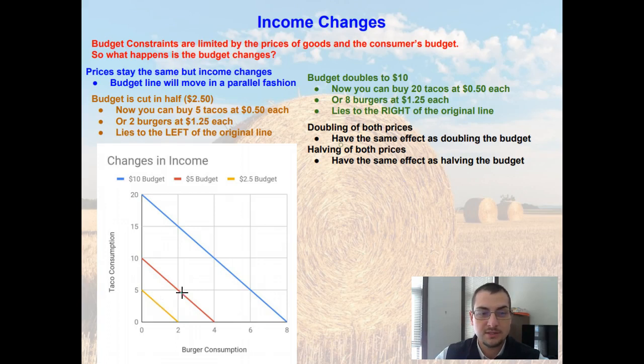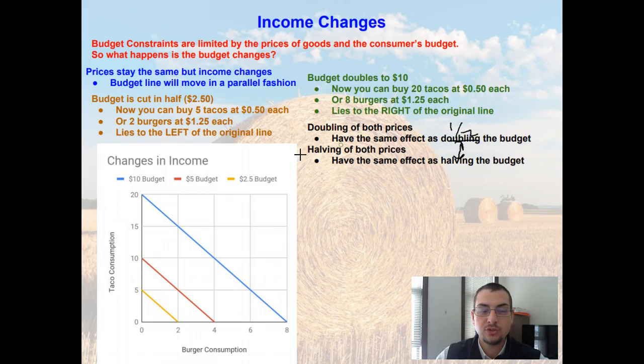So I've got these two words actually mixed up. If you doubled the prices, doubling the prices would then mean that you cannot buy as much. So doubling the prices would actually have the same effect as halving the budget.